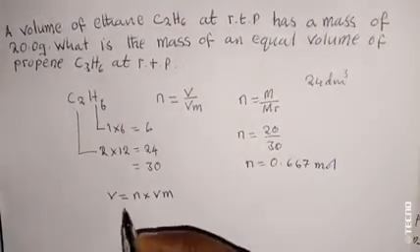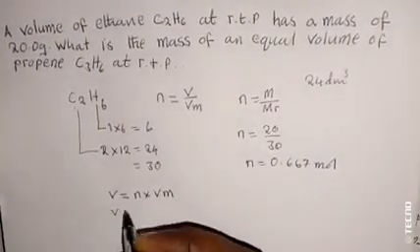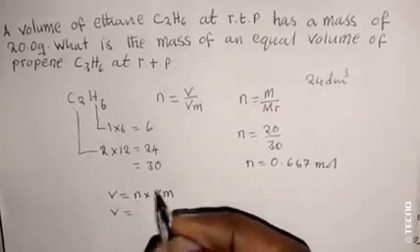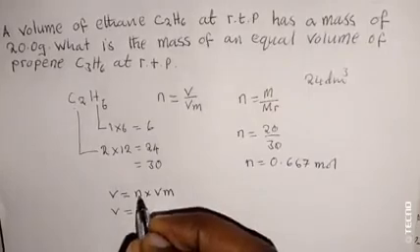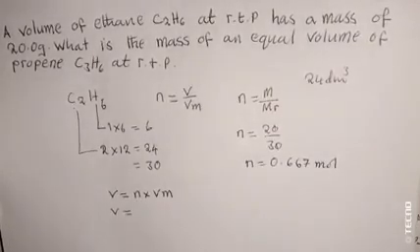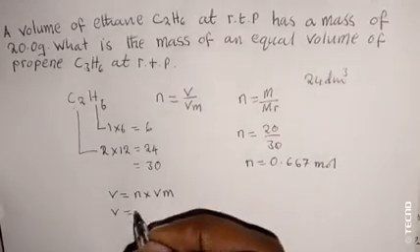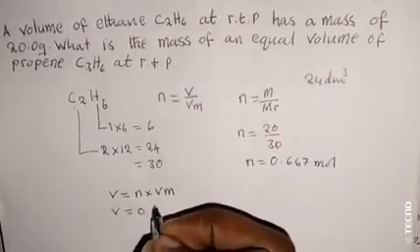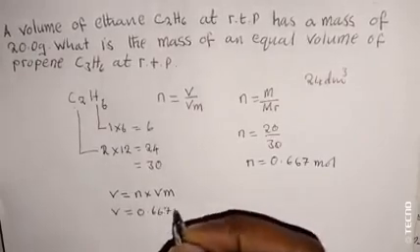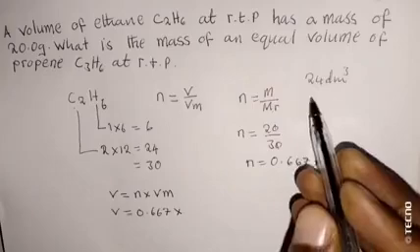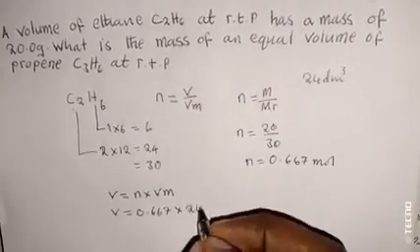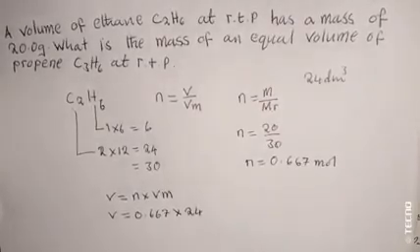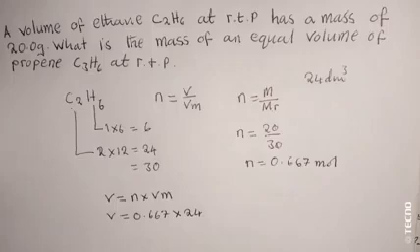So V is equal to n, which is 0.667, times the molar volume, 24 decimeter cube.